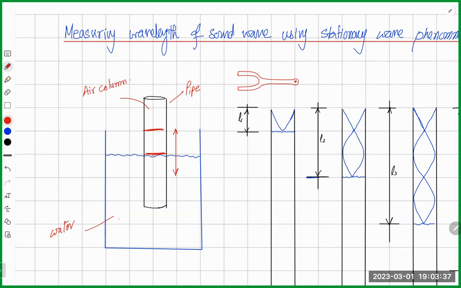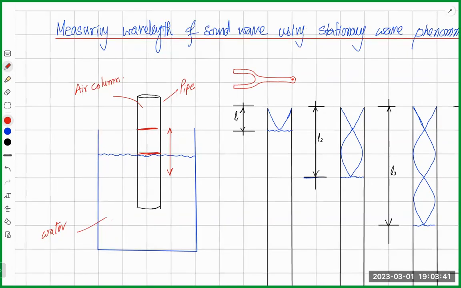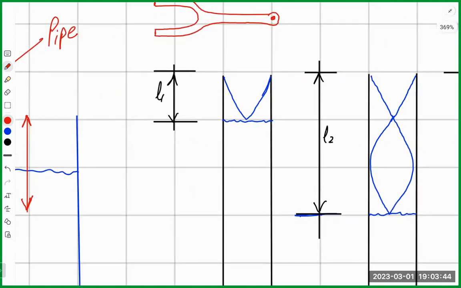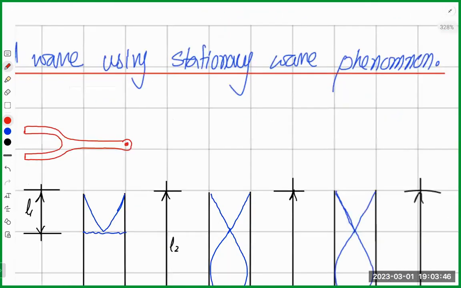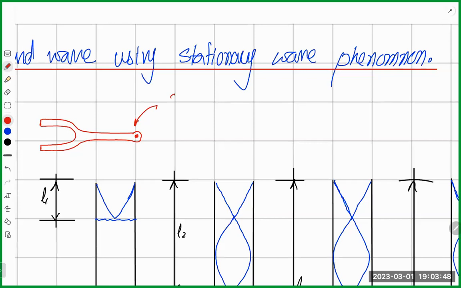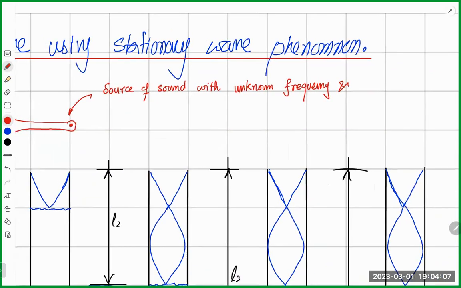The water surface inside the pipe will be acting as a reflector. So one possibility is that we can use a source of sound with unknown frequency and wavelength.